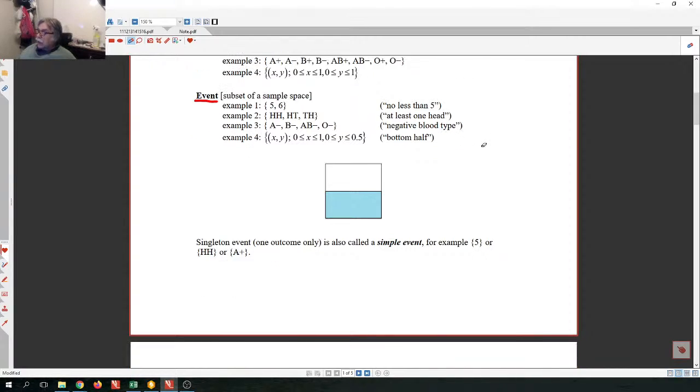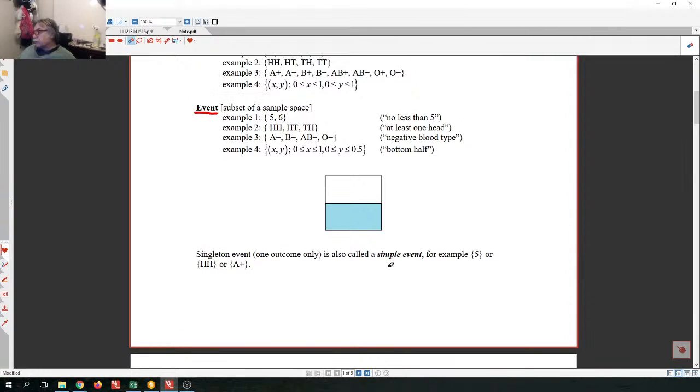Okay, so now we also have a notion, I should say, when you have only one thing, like let's say 5. You're rolling a die and you're considering only the situation when you get 5. That is also an event. It's a singleton event. It has one single thing in it, but it's also an event.